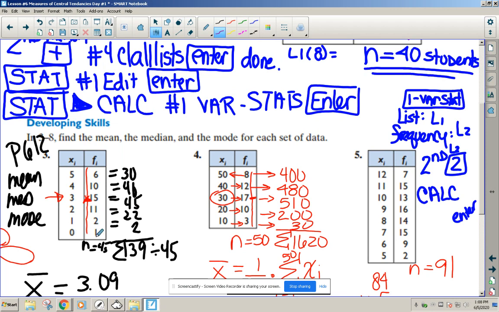And 0 is happening once. So there's no 0, but we add these up. We divide by this 45, the number of items, and we would get our mean of 3.09.